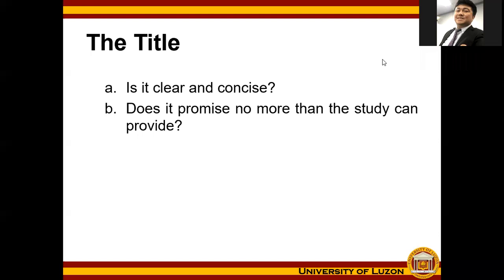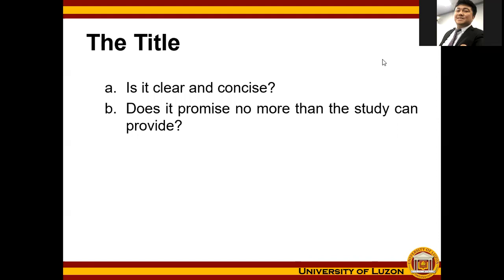Second is, does it promise no more than the study can provide? It should not be vague. It should give some hints on the contents of the report, and it should be reflected in the title, the variables and other information that are necessary and important relative to the research report.